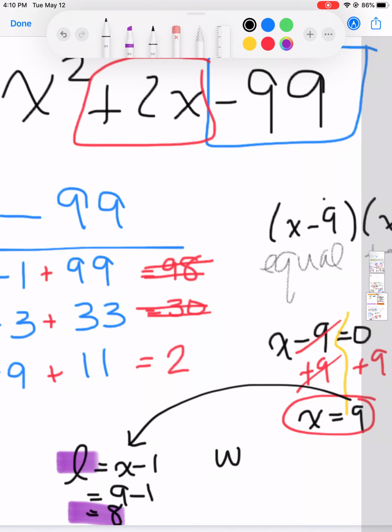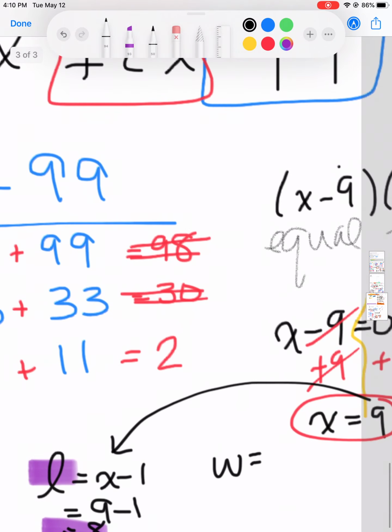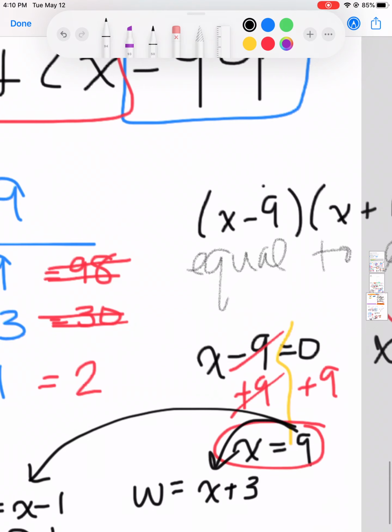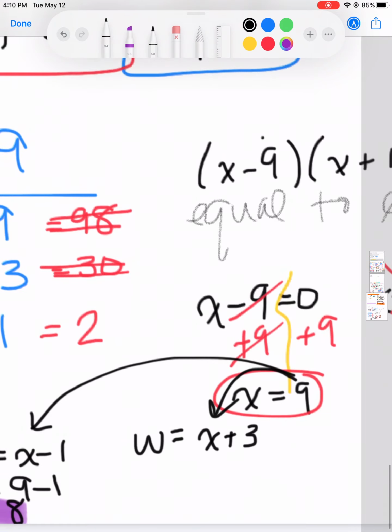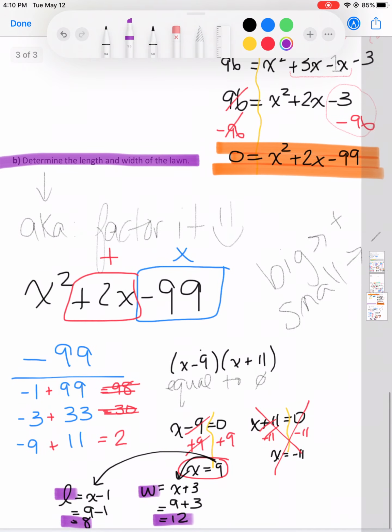My width, what is it, x plus 3? Again, 9 goes in here. Can only have one x. I did purple because of purple up here.